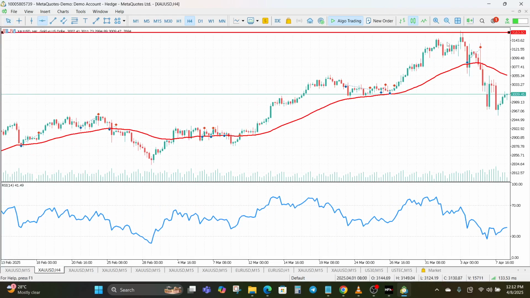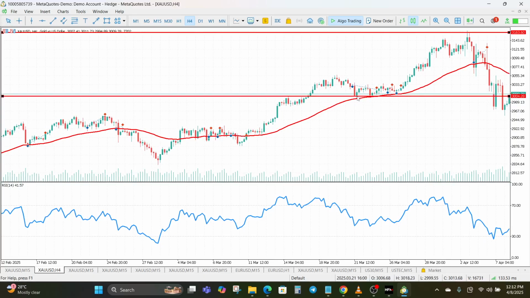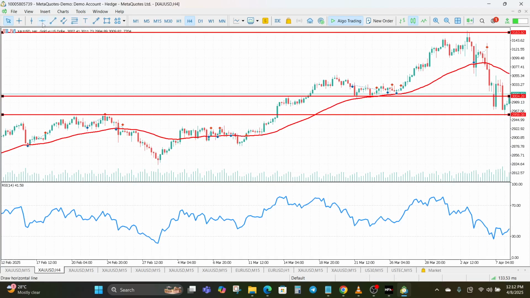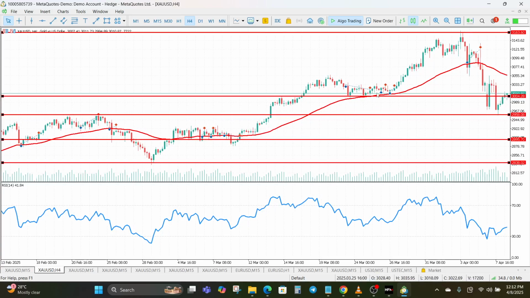Very important price points on your charts. These are key levels that will help you identify where price reacts.